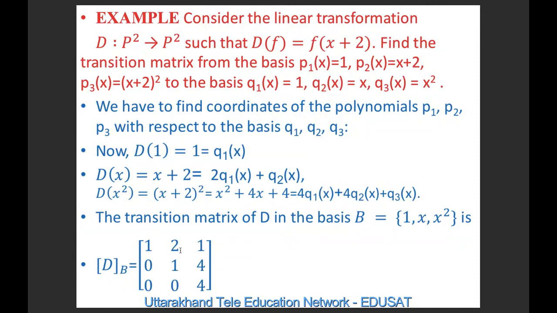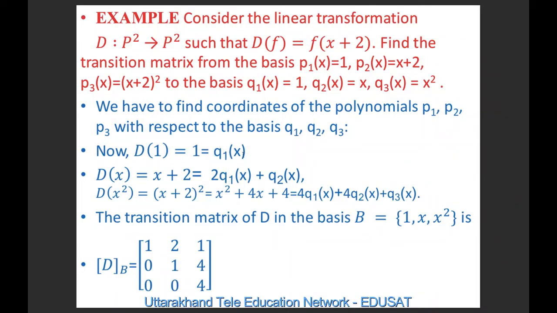1, 2, 1, 0, 1, 4, 0, 0, 4. Because here the coefficient of q3 is 1, it is 4, it is 4; here it is 1, it is 2, here it is 1.